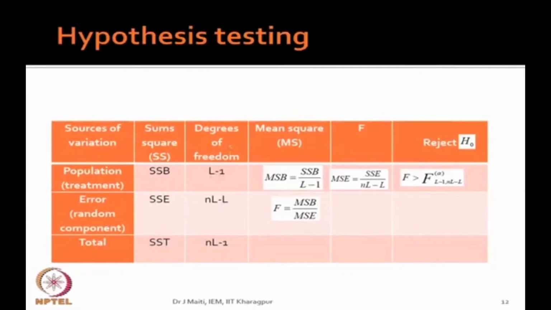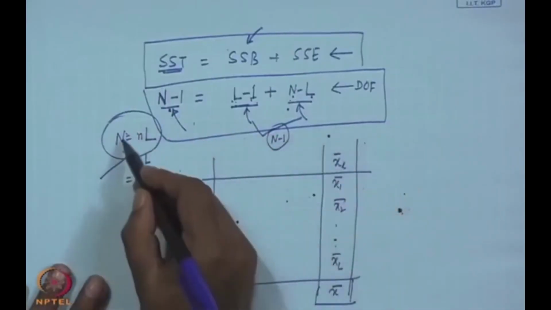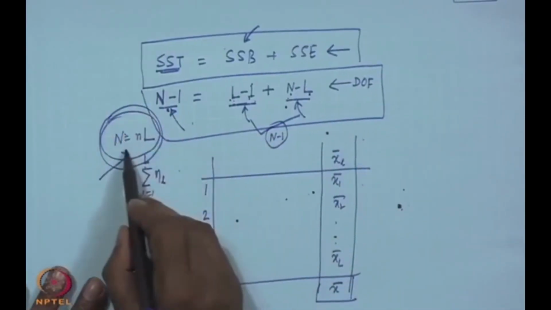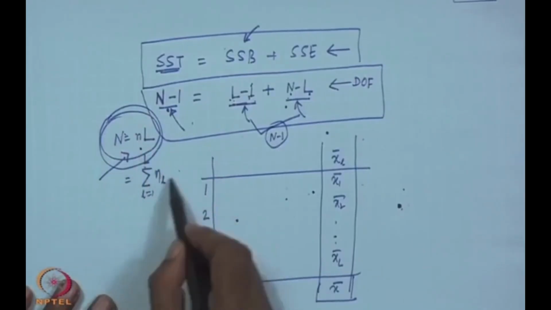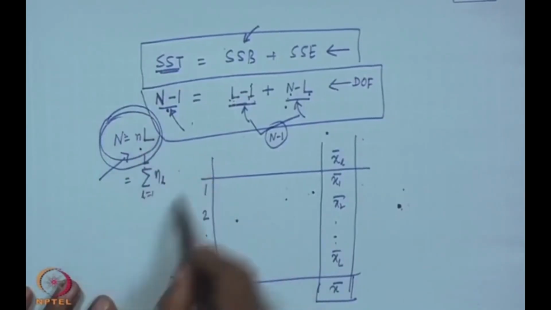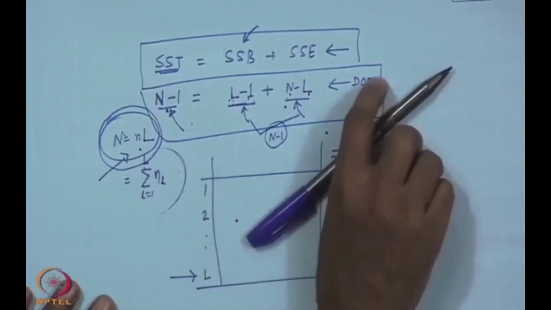You have already seen the degrees of freedom: L minus 1 for SSB, N minus L for SSE, and N minus 1 for SST. This capital N is n multiplied by capital L, as I discussed earlier, but if you take unequal sample sizes it is different. Okay.